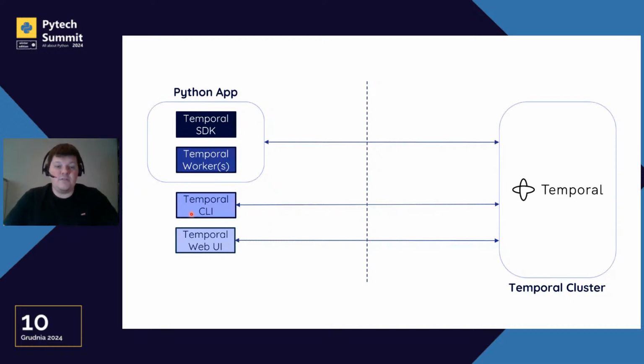We have the Temporal CLI, and we can send commands like execute workflow, or we can start a local Temporal server. Also, we have a web user interface like we have with Luigi or with Apache Airflow. And we have our Python application. Inside, we can use the Temporal SDK and talk to the Temporal cluster.